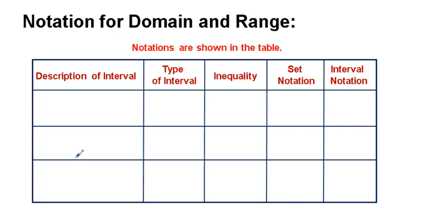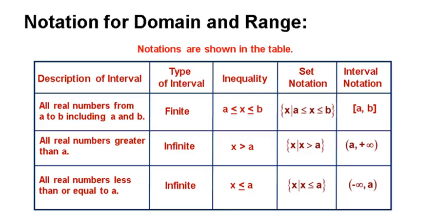Now we have a table, and we're going to outline everything. I've filled in the table here, and this is one place where it might be worthwhile to stop the video and copy this table down. You can just pause the video, and we'll go on after that.